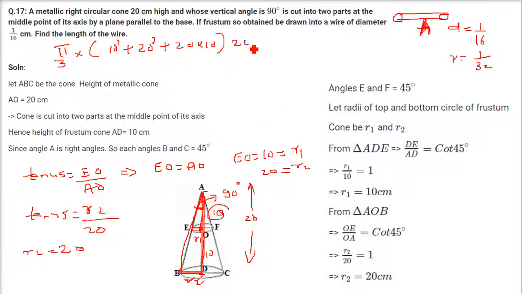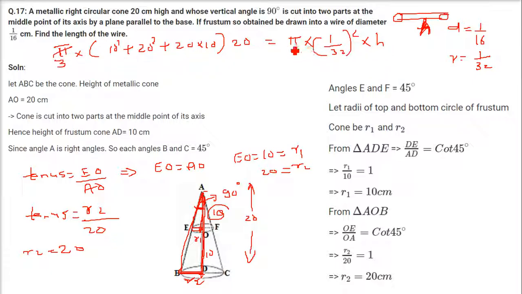It is 20. This is equal to the volume of this cylinder, which will be pi r square h. So pi into r square, what is the radius? 1 by 32, into h. H has to be found out. L has to be found out. Actually, h and L both are same.